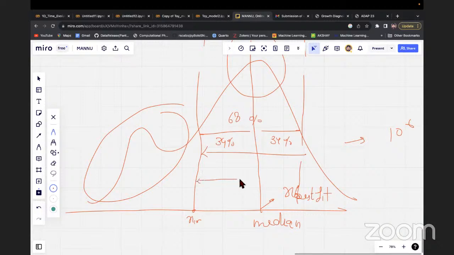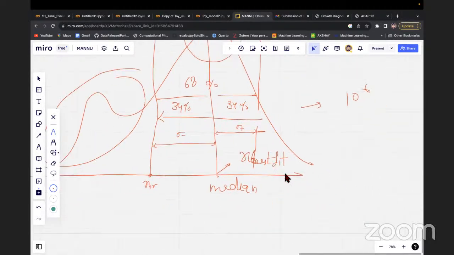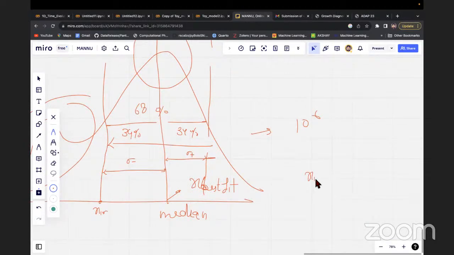So the region you have over here you define as sigma minus, and the error on this side you call sigma plus. That's why you define a best fit value, which is the median value, and give the plus and minus errors separately. Here you cannot give a common mean.